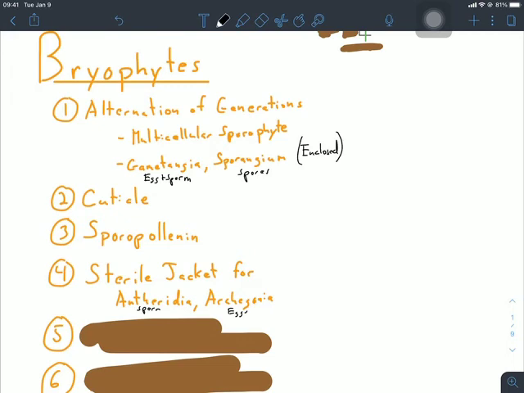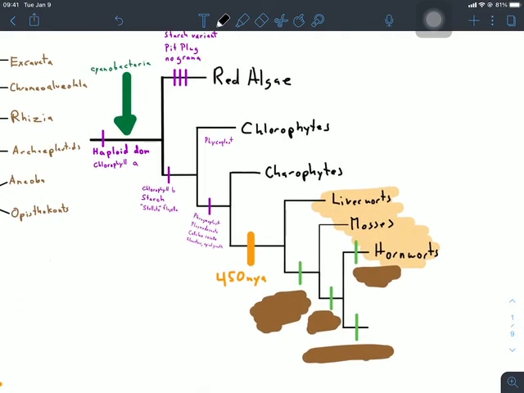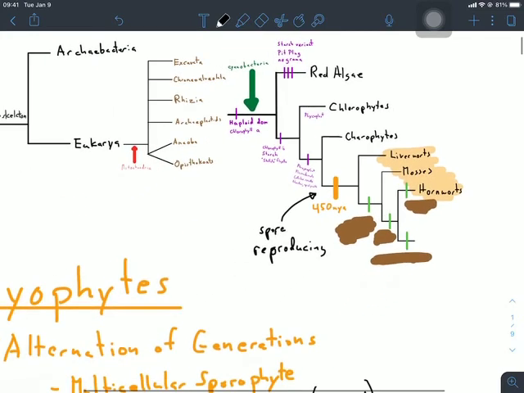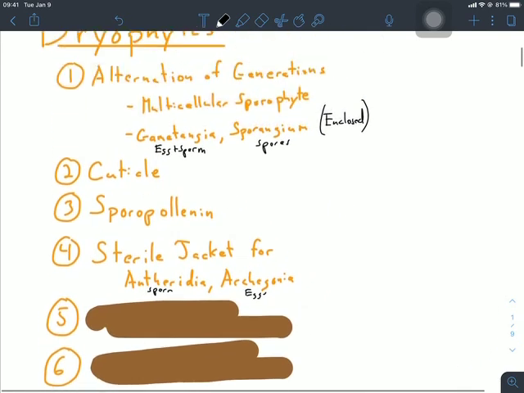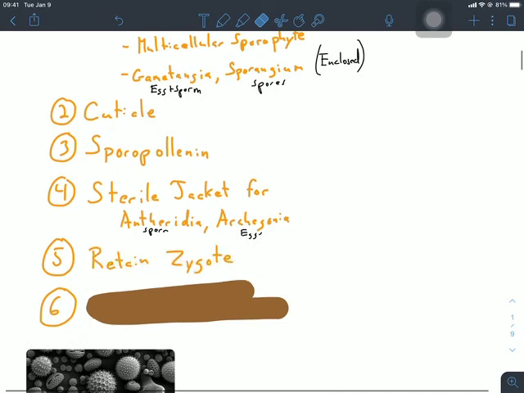These are spore reproducing. And so, you can see that they inherit that type of reproduction ancestrally. And it will be a while before we switch from spores to seeds. It's a couple lectures down the road. But one of the important steps in changing these spores to adapt to land is the retention of the zygote, the newly fertilized egg.